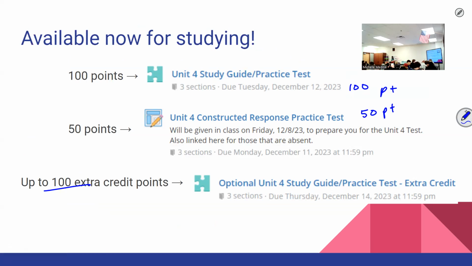So if you're behind and you're having to pick and choose what to do, I would make sure my binder's ready first, that I understand all the lessons. And then I would do these study guides before I go back and try to do those 10-point homeworks. Okay, these are worth way more points. They're closely aligned to the test. We literally, when we made them, looked at the test question, changed the number, changed the picture. That's really it. So highly recommend those.